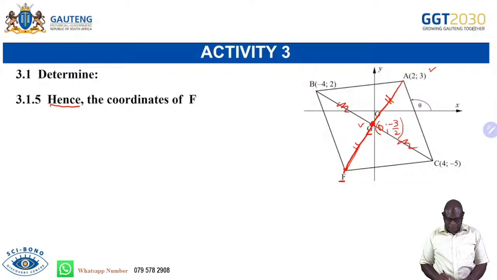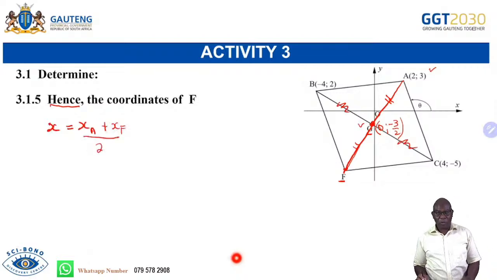So now, let's check. I'm going to use my midpoint formula. My midpoint formula is x equals x at A plus x at F over 2. That is for my x value.